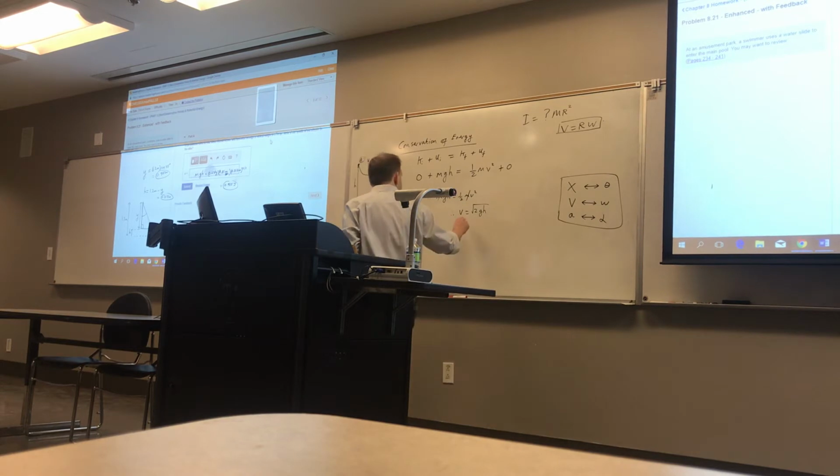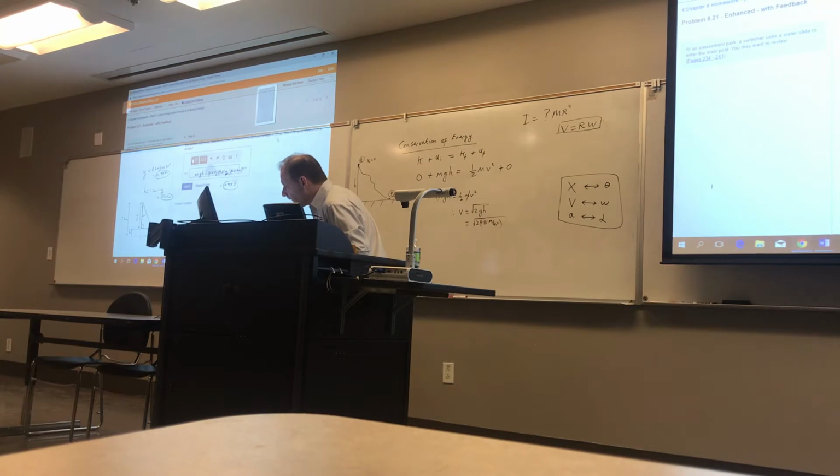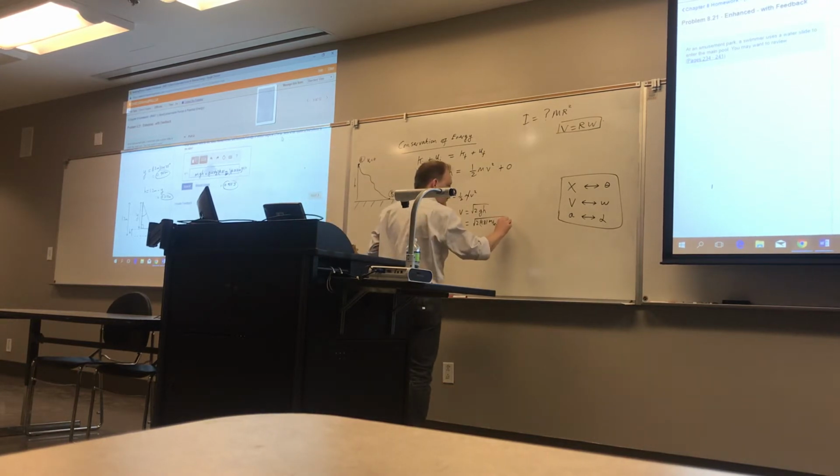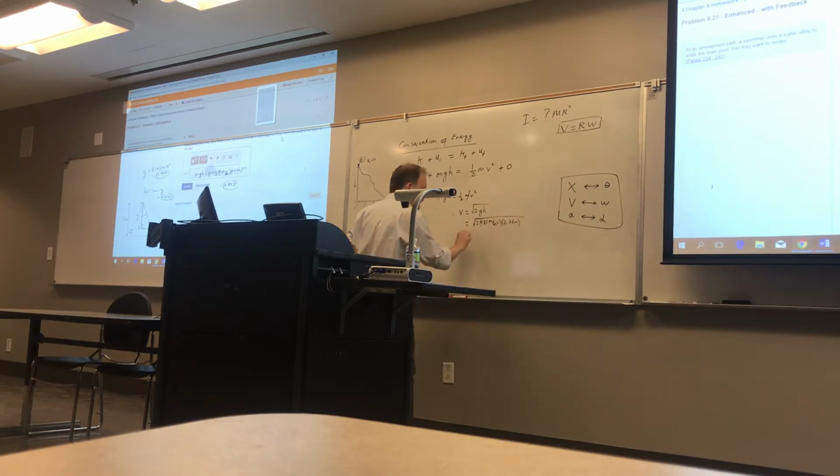So what is that in this question? 2 times 9.81, and h is 2.76 meters. So what's 2 times 9.81 times 2.76? It's about 50, and then the square root must be about 7, something like that.